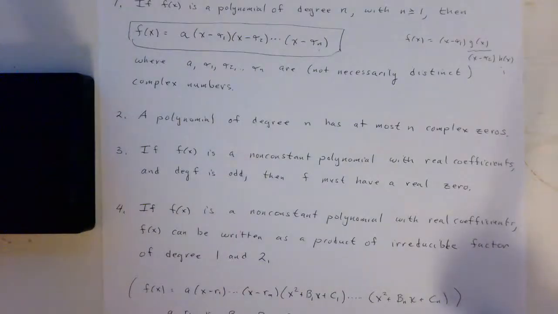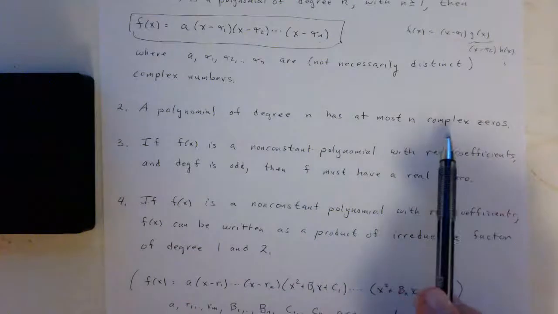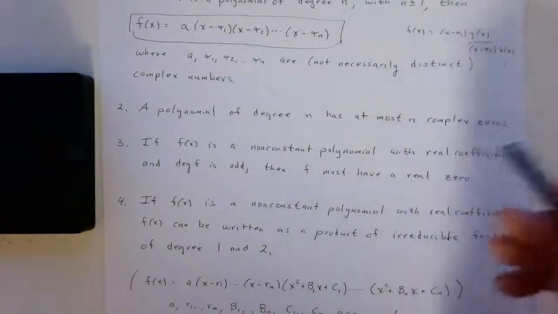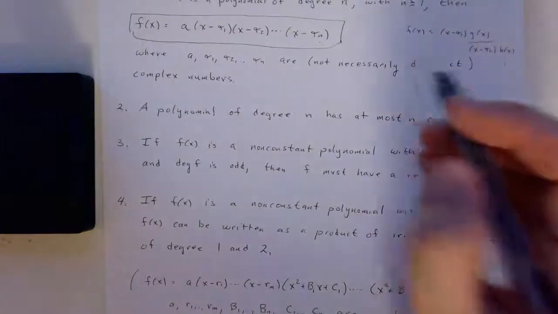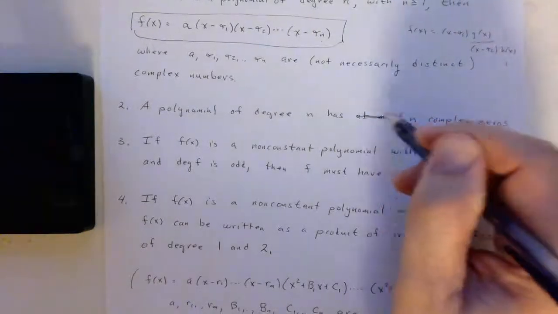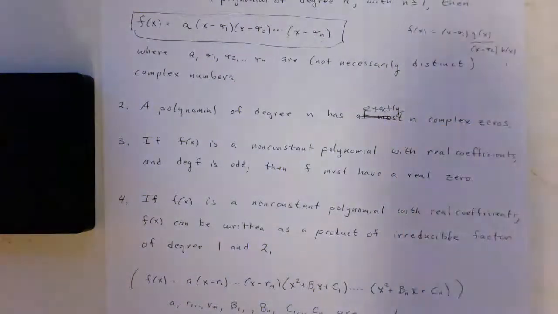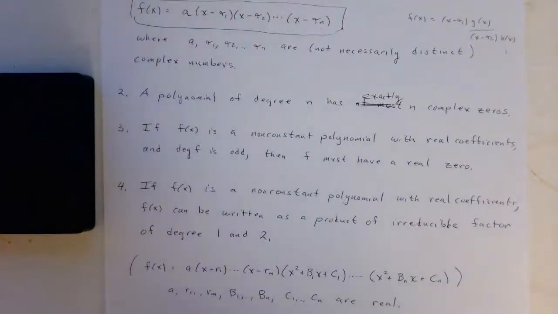Some other consequences we'll spend just a brief amount of time on. As I said, a polynomial of degree n has at most n complex zeros, and actually we can even say exactly n complex zeros, if we don't care whether they're distinct or not.